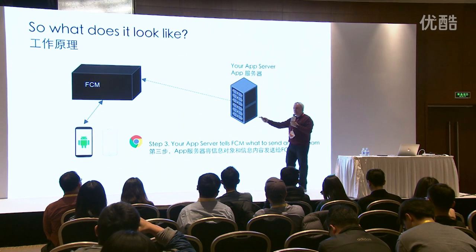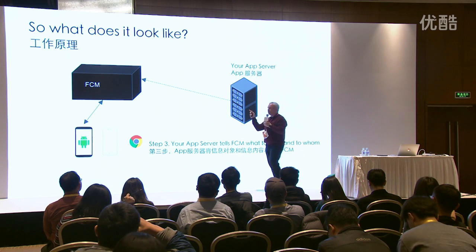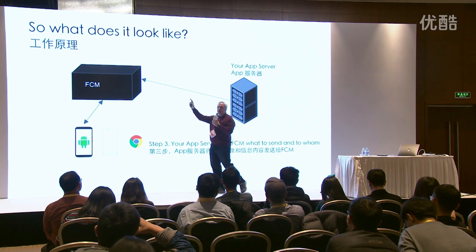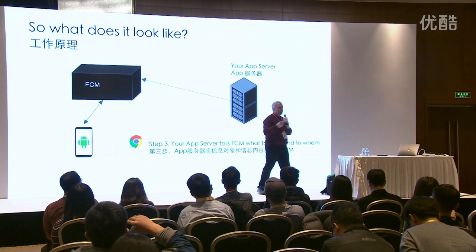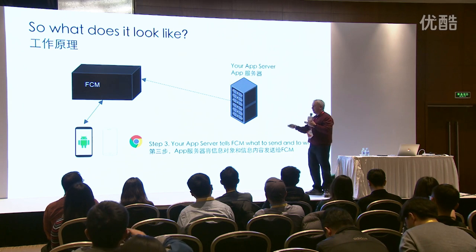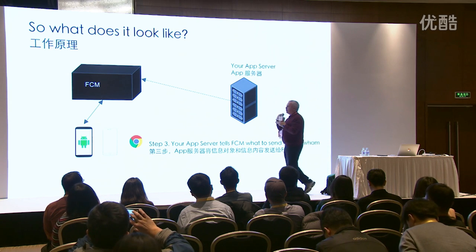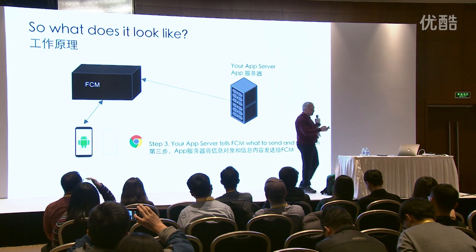It knows the IDs that the message is supposed to go to, or it knows the topic. Then Firebase Cloud Messaging, this black box over here, has an API that your server will call, and your server will say, here's my API key, I'm authenticating myself, I'm this person's application, please send this message to this topic, please send this message to these devices, and stuff like that.